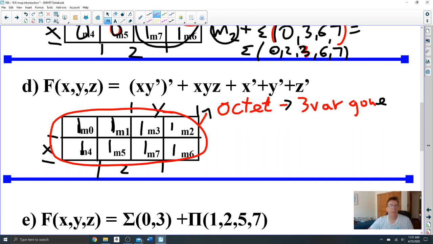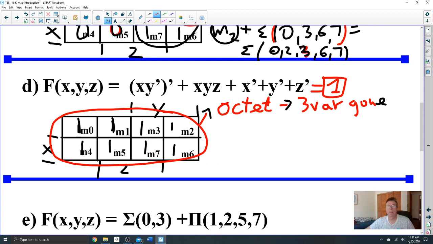And we have a 3 variable function. So guess what? If 3 variables are gone and the entire function is covered with one entire map, that means this entire thing is what it means.